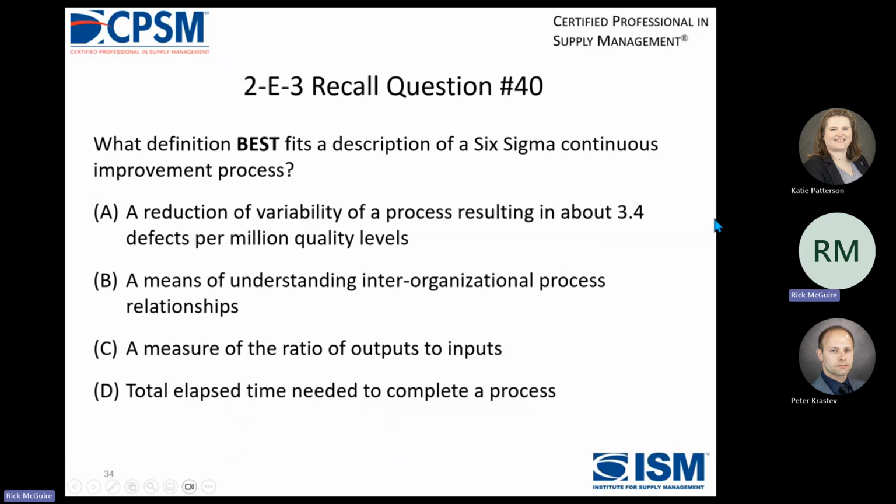What definition best fits a description of a Six Sigma continuous improvement process? Any guesses?